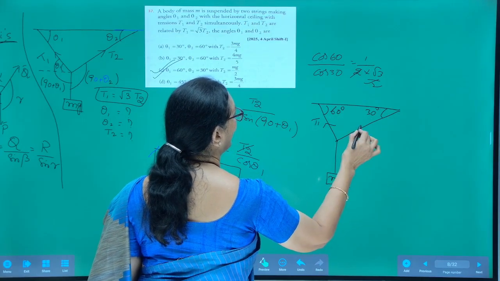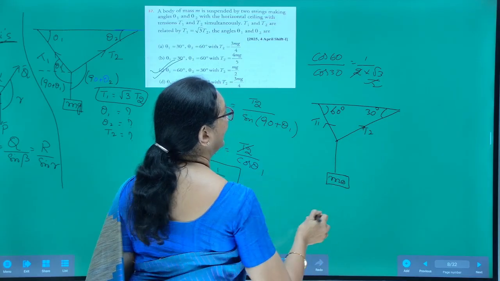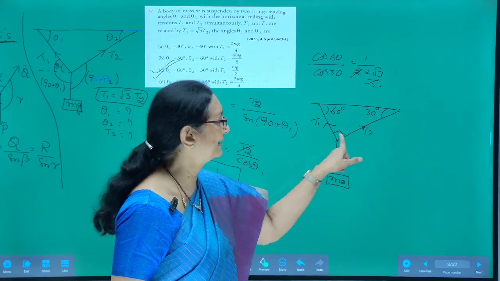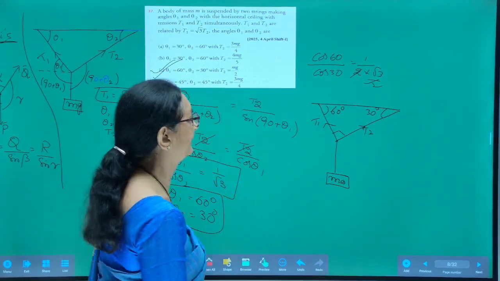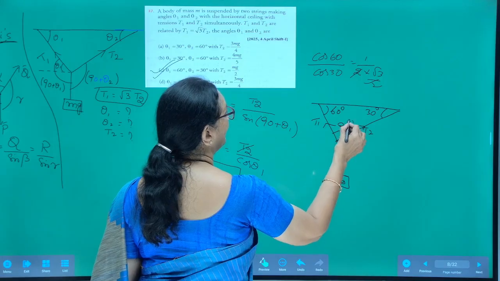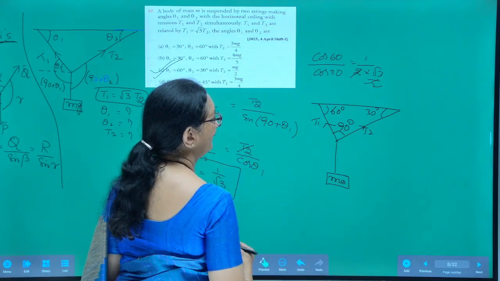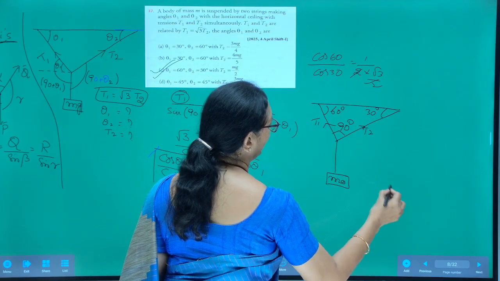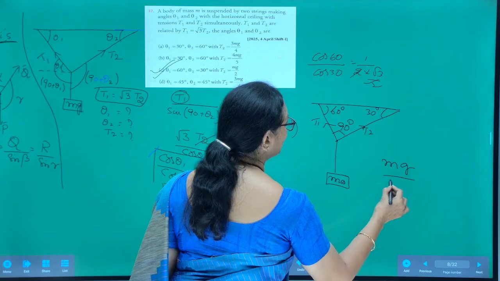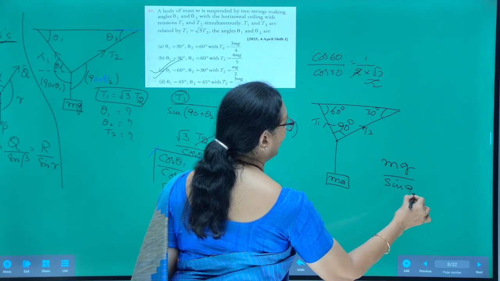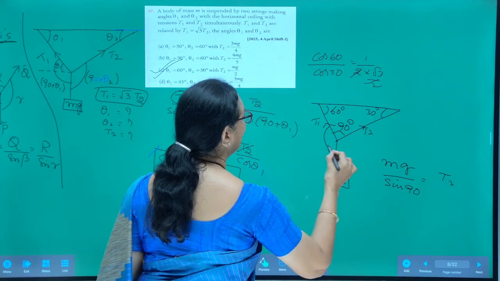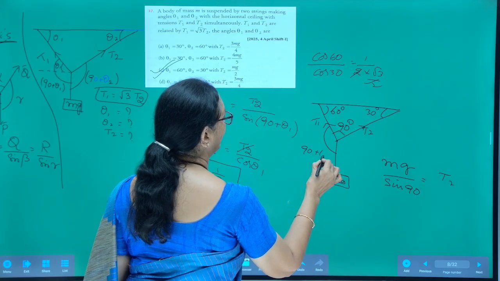This is T1, this is T2. What will be this angle? In this triangle, total angle is 180 degrees. So, the sum of these two is 90, so this will be 90. So, from this, mg by sin 90 is equal to T2 by sin of 90 plus 60.